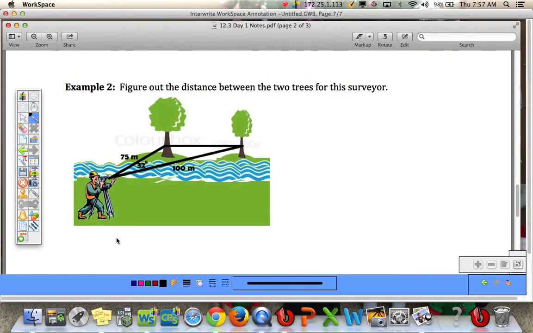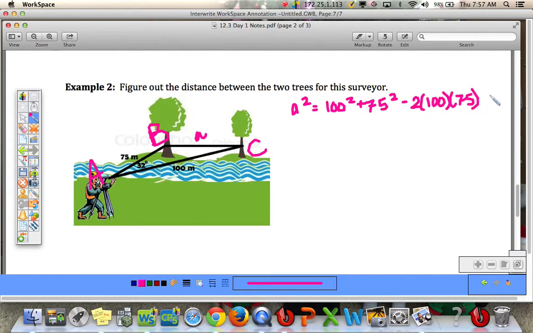Again, I'm going to label our coordinates here. We'll call this angle A, B, C. And again, we're looking for side A here. So A squared equals B squared, which is 100 squared, plus 75 squared minus 2 times 100 times 75 times cosine of 32.